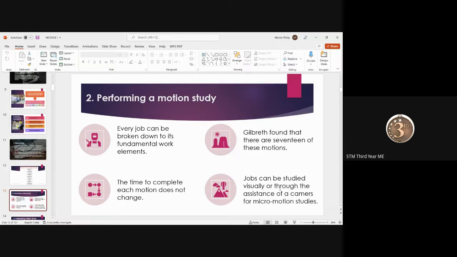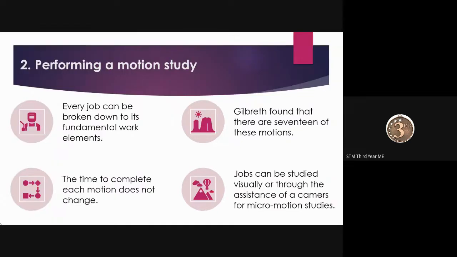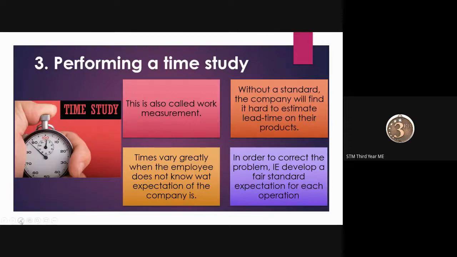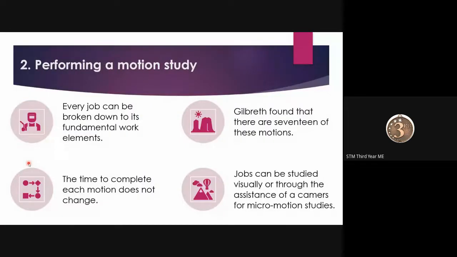If you want to understand where the delay occurred, you can check each and every work element. If the job is broken down into work elements, you can check each one to understand. We can break it down into work elements to understand where the delay occurred.